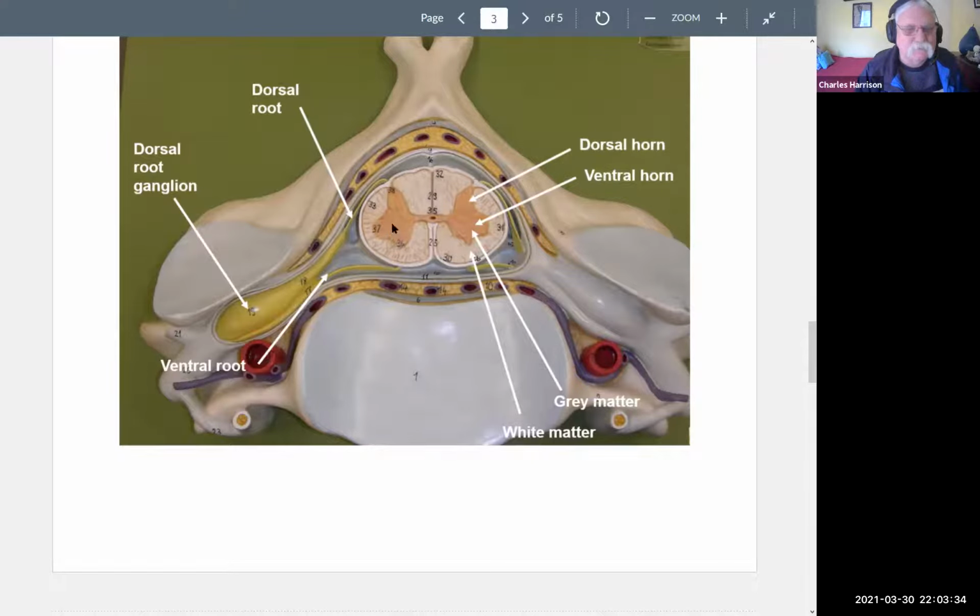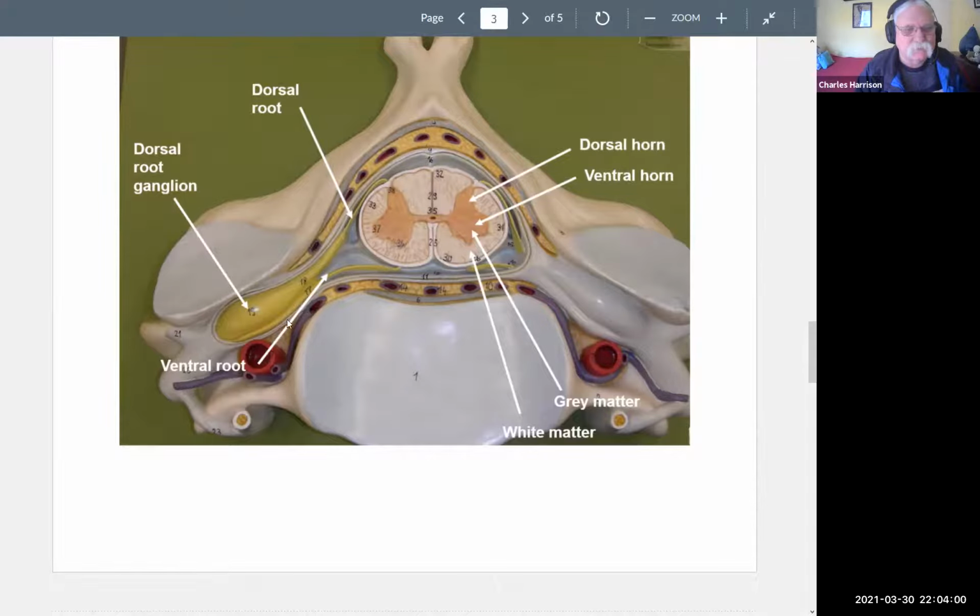When information comes from the brain or in a reflex arc, which let me get away with saying some things you may not know yet, because I'm not going to skip over anything eventually. When the information leaves the spinal cord, it goes out this way. And this is the ventral root.